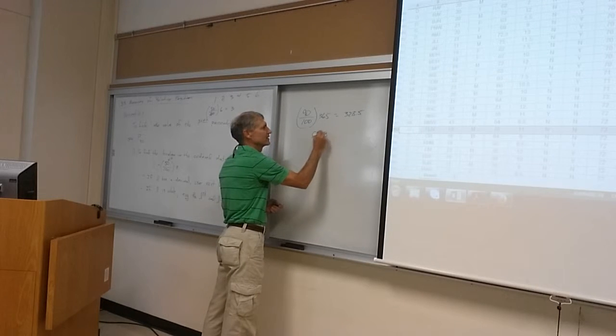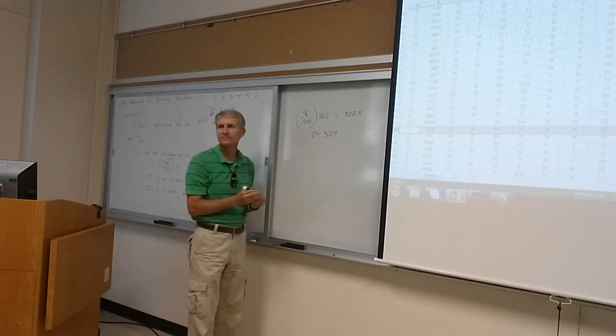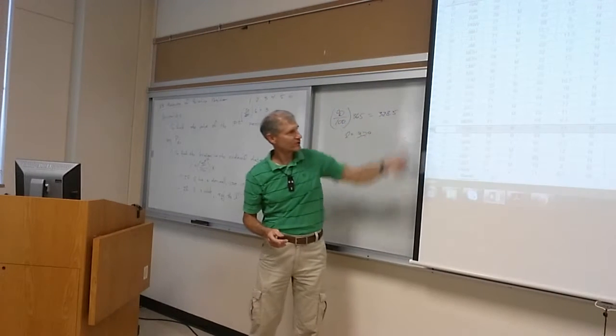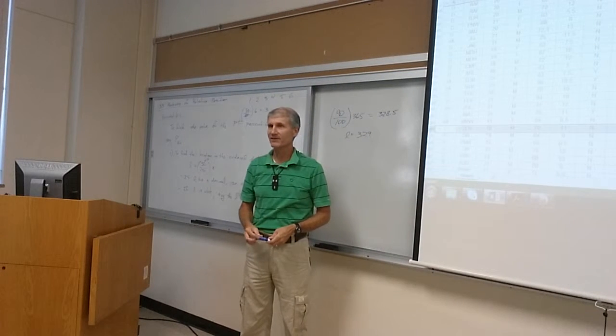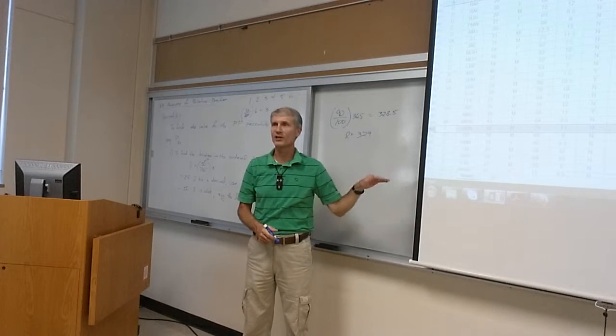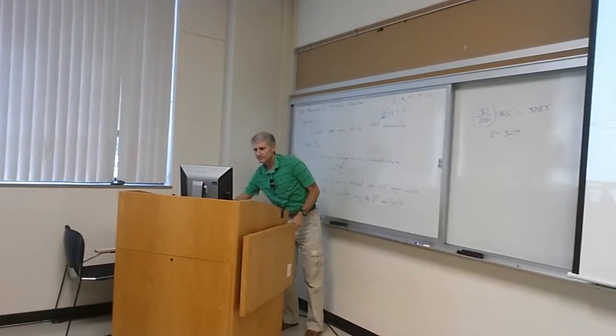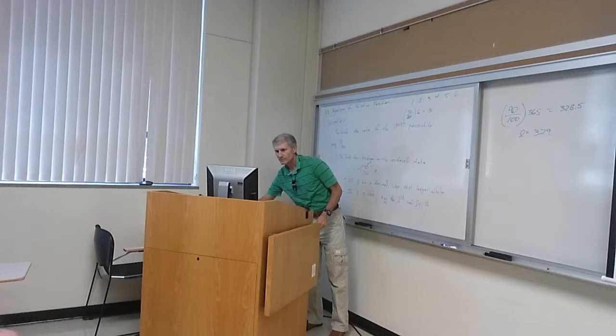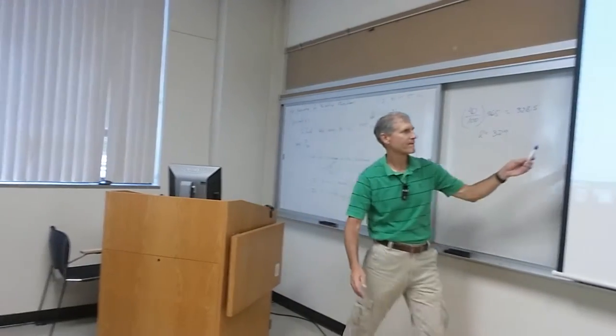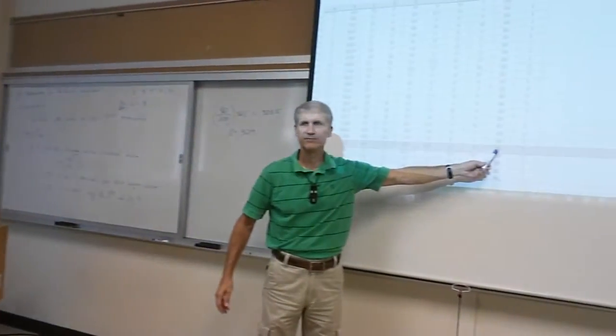So you took 90 over 100 times 365, and you got 328.5. Not a whole number, so you go to the next whole number up. So L is 329. Now I need to scroll to the 329th observation, which would be the 330th row. So the 330th row is right there: 88.